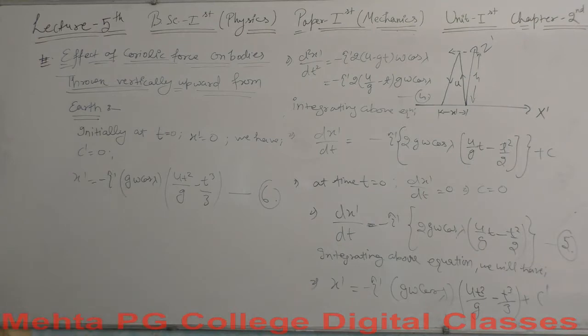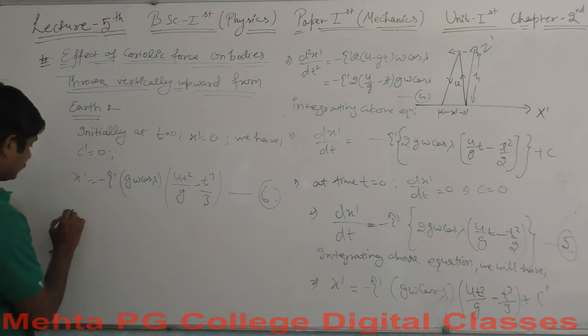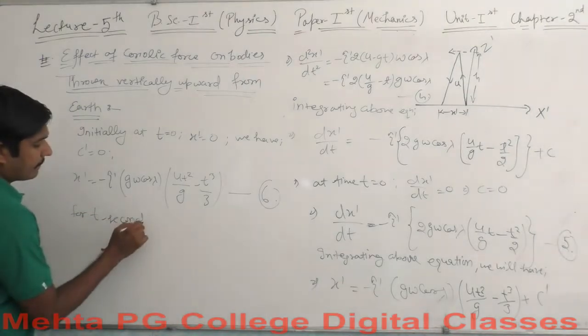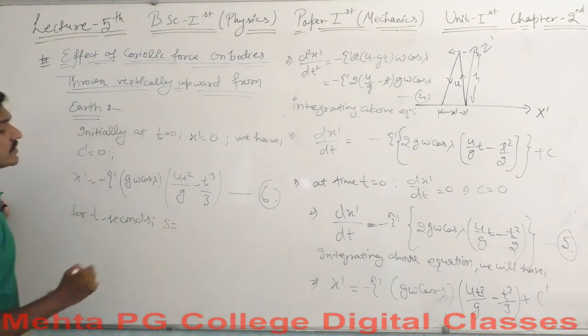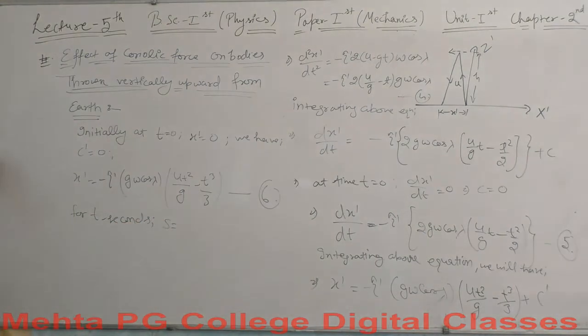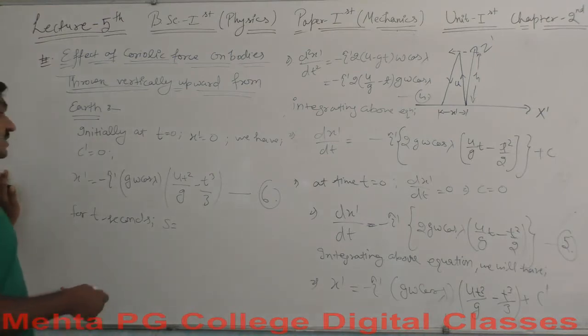Well, we are going to change the value of t again. If the body reaches the ground in t seconds, you remember one formula here for t seconds. We have a formula, s equals ut minus half gt square.